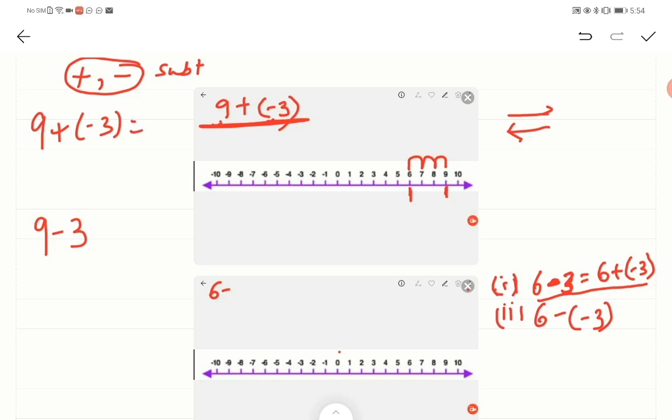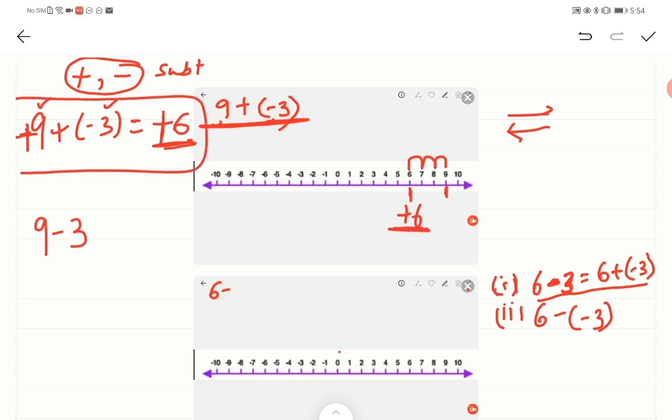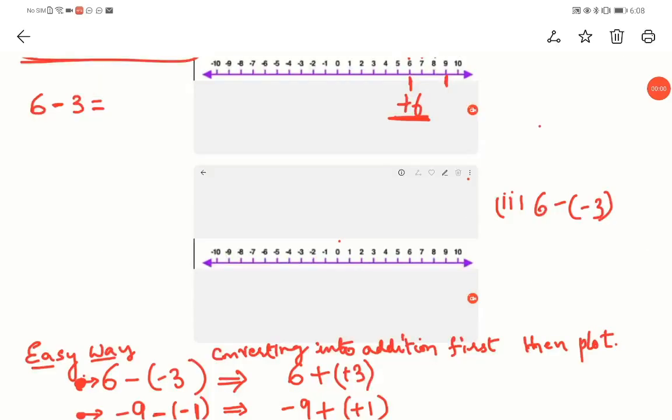It is 6. Now what is the sign you need to give? The sign of the largest number. Between 9 and 3, 9 is the largest number and it has the sign plus. So you will give the sign plus to the output. So it is plus 6 from the number line, and from your calculation according to the rules of integers, it is the same.